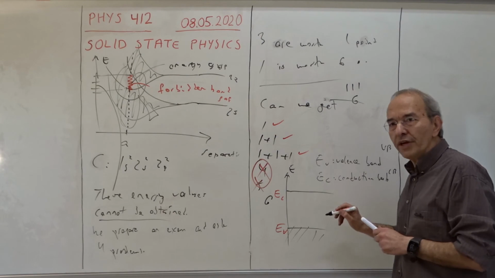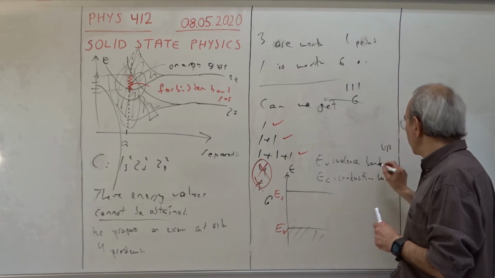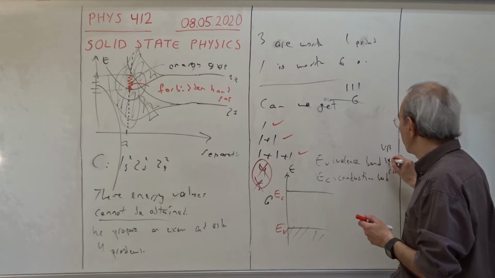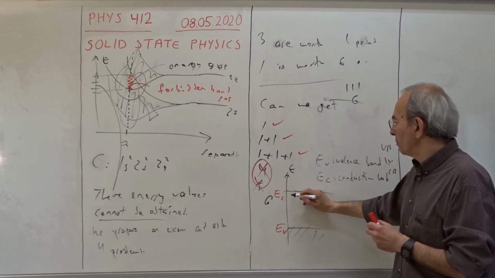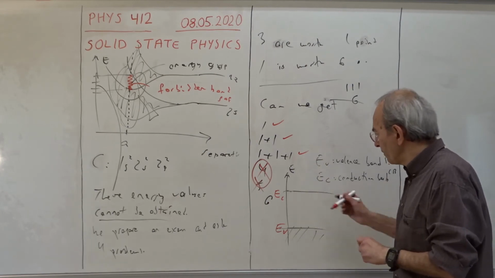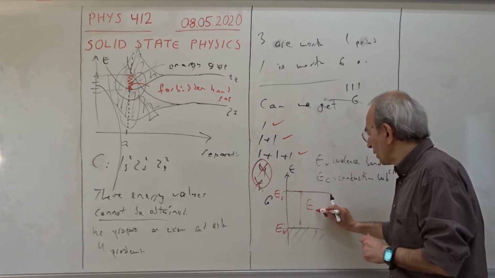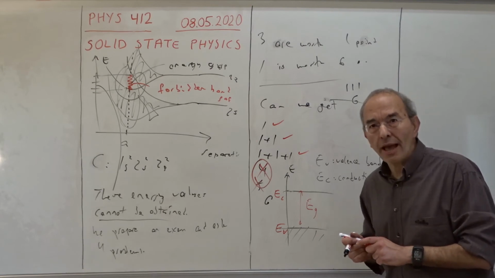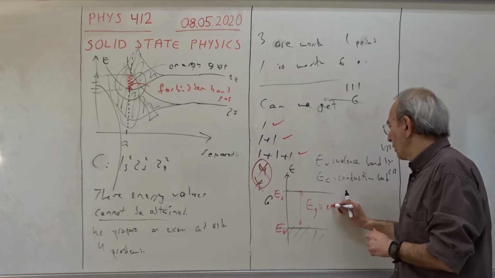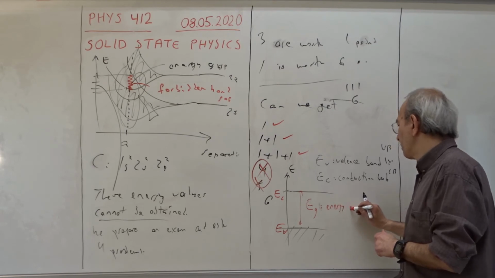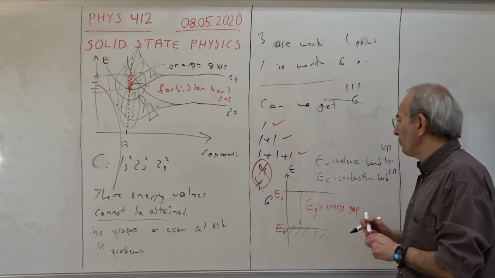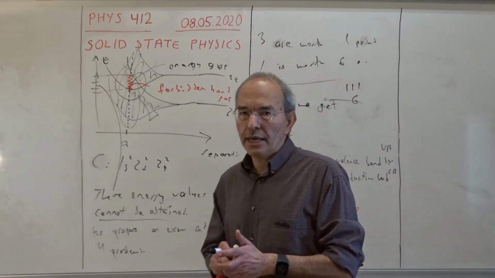But these values of energy, EV and EC, are the valence band limit, because it ends here and the other starts there. So this part is called EG, the energy gap. In the following calculations, we will make use of this gap also.